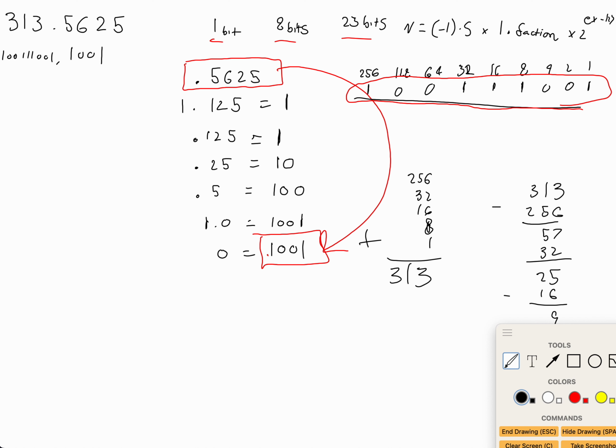Currently ours is 100111001 point, so there's a couple of digits between the first one and the binary point. We want to normalize this number by moving the binary point so that it comes after the first one, with only a single digit to the left of it. The reason we do this is it allows us to only store the fractional part of the number and just assume the whole part is always 1, which makes it easier because there's less information to store.